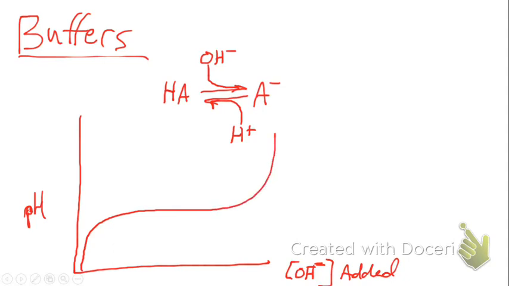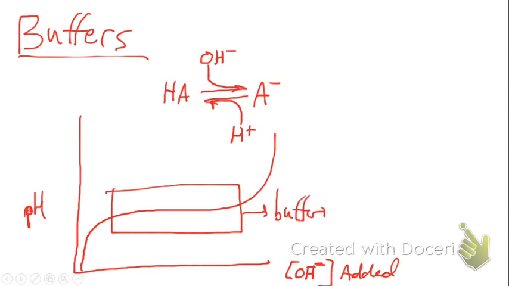This flat region is known as the buffering region, or the buffer zone. This is the region where the buffer is at its most effective. And usually when the pH is equal to the pKa of your weak acid, that will be the perfect buffer.